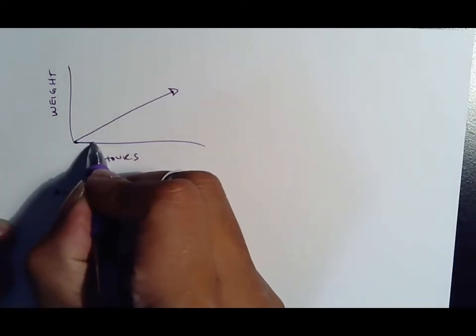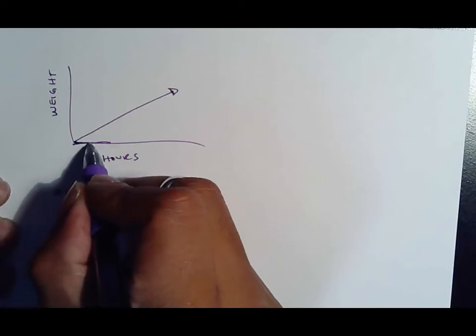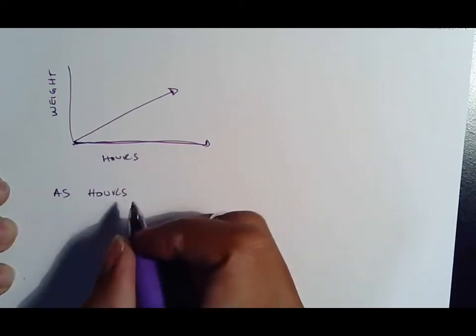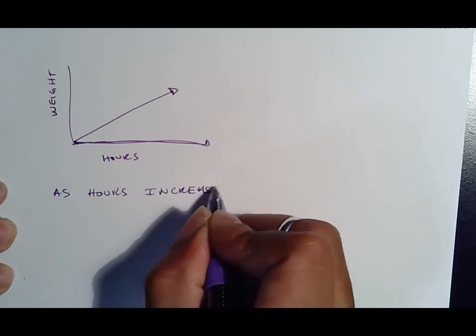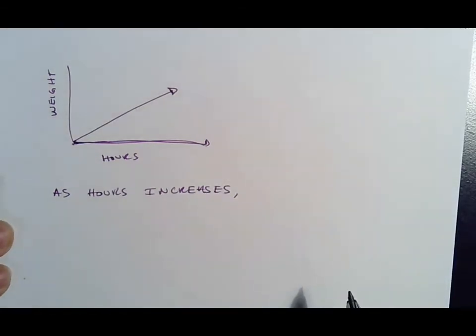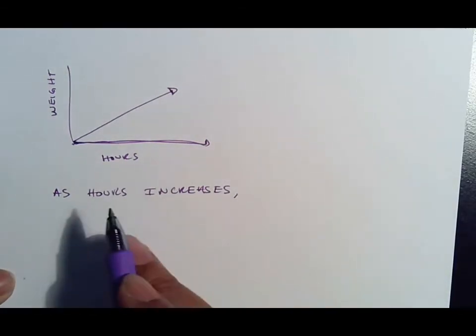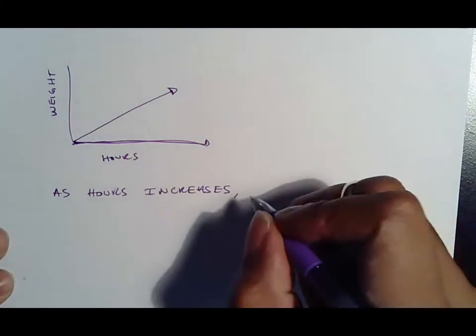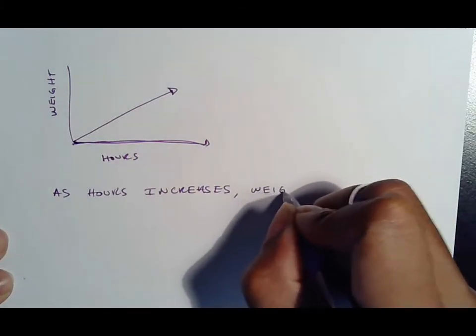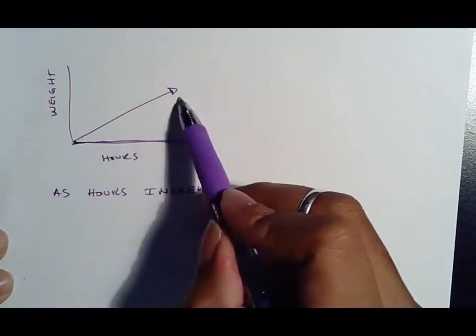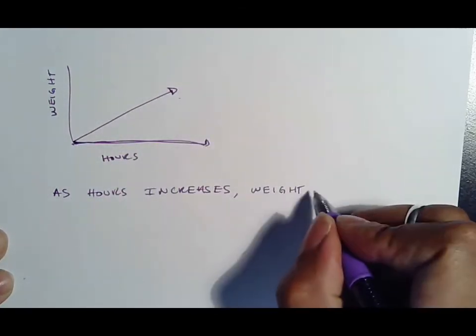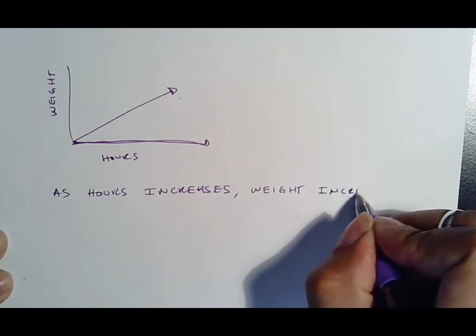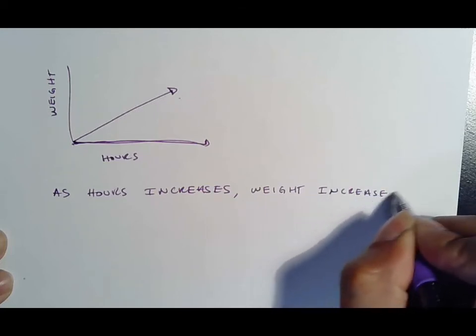Then it will always increase, because your independent variable will always move this way. So as hours increases, comma, and you have to type the whole sentence, as hours increases, weight does what? Is that a positive or negative slope? It is a positive slope, which means that weight also increases.